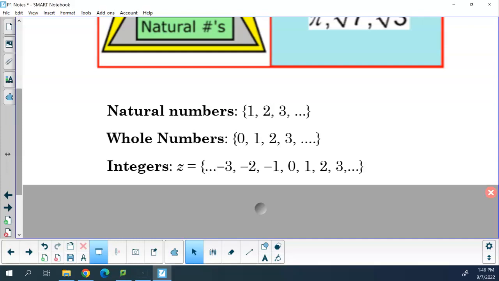How many integers are there? Infinite. Compared to whole numbers and natural numbers, how many integers are there? Double. Isn't there twice as many integers as whole numbers and natural numbers?